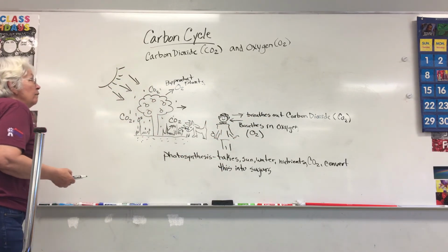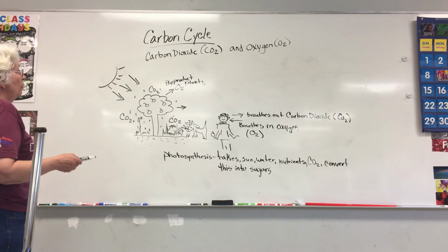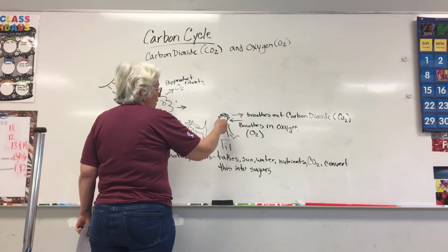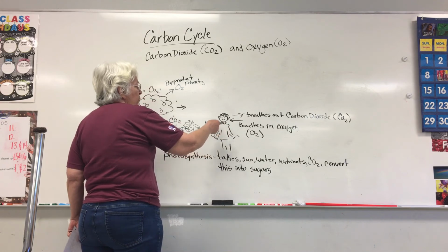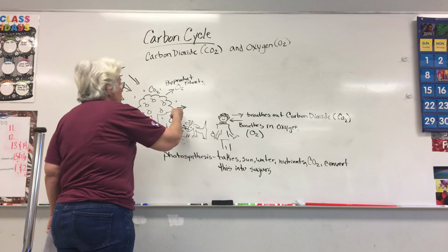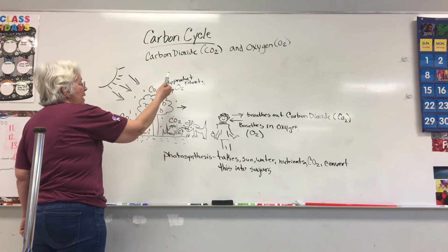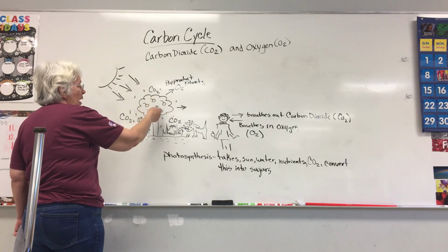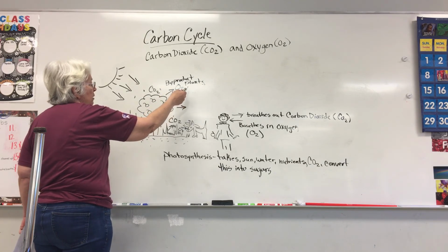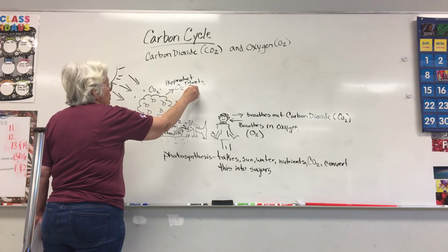I know that's kind of confusing, but the things that I want you to remember is that we breathe in oxygen, we breathe out carbon dioxide, that plants take in carbon dioxide, and the byproduct of a plant is this oxygen, O2.